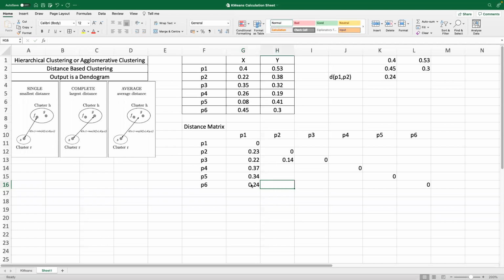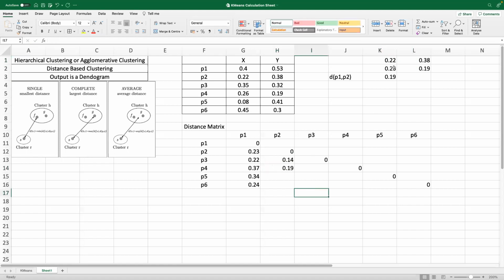P1 to P6 is 0.24. Similarly, P2 to P4. P2 is how much? 0.22, 0.38. So P2 to P4, P4 is how much? 0.26 and 0.19. So we got P2 to P4 as 0.19.